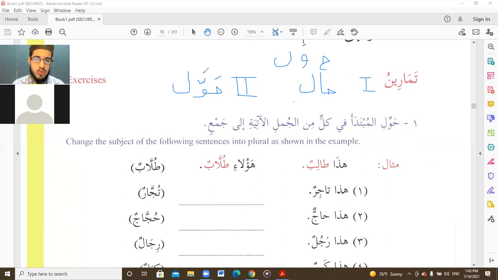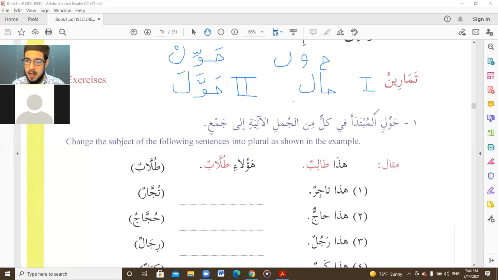Hawala. Form 2, remember, is double middled letter: jallasa, fa''ala, kattaba, kassara, hawwala. And the command from form 2 is hawwil.